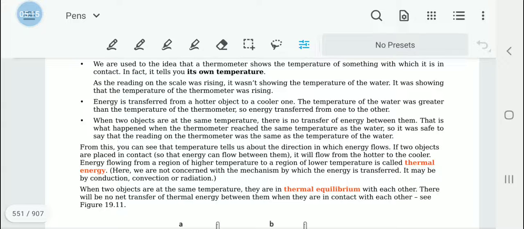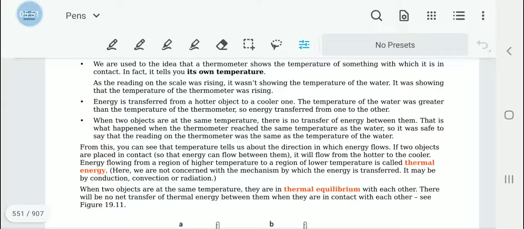So we are not actually figuring out, energy gets transferred in many different forms: convection, conduction, radiation. So we are not really bothered about how it is going to happen, but we are concerned about the fact that it is getting transferred from a region of higher temperature to a region of lower temperature. So this energy that is getting transferred is known as thermal energy, right?